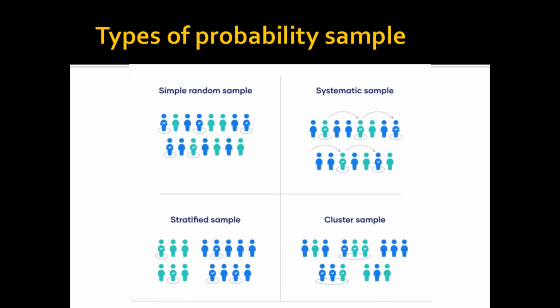Suppose I'll give you the same example as I gave you. I want to pick any 4 students from this batch for responding to a questionnaire on what is your satisfaction level about this particular course or this particular session that I am taking. I just want to pick up 4 students.